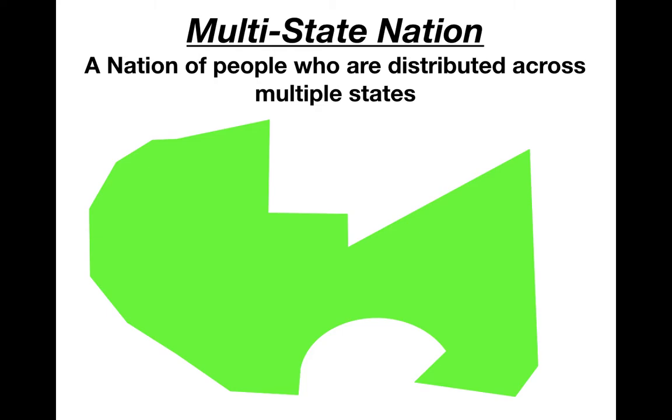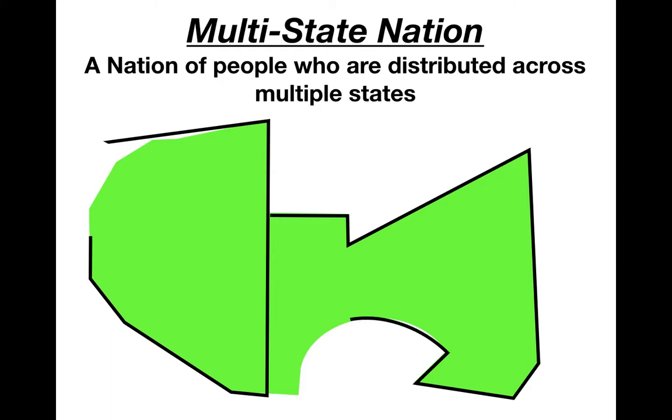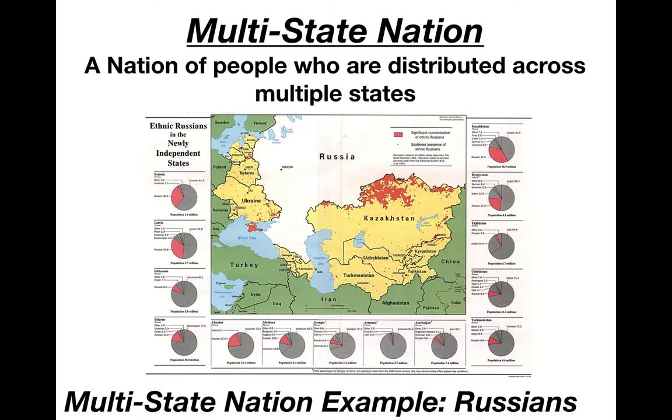Now, a multi-state nation is a nation of people who are distributed across multiple states. So if we imagine the green being one ethnic group or one nation of people, and the black lines representing borders, we would see that this is a nation of people distributed across multiple states. One example of this would be Russian people.